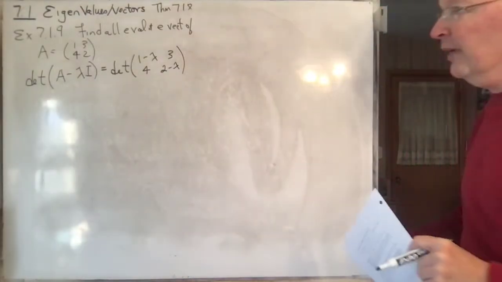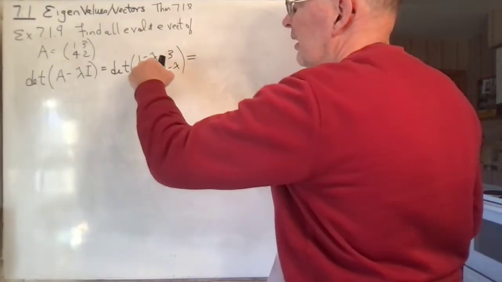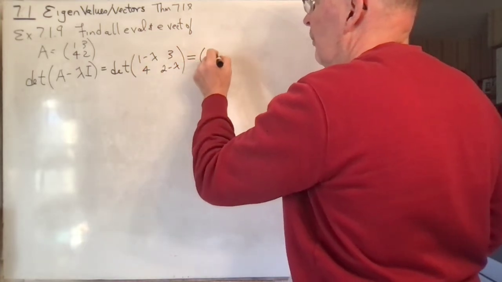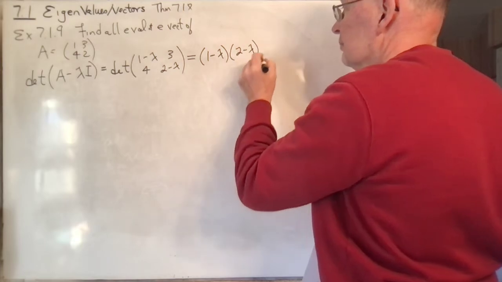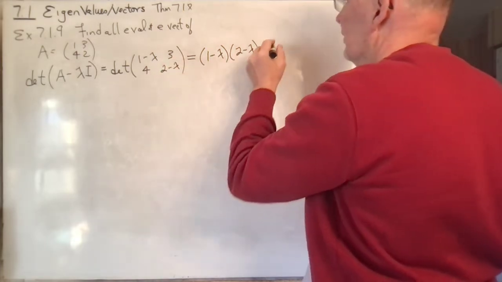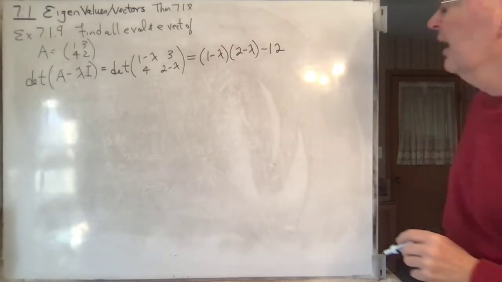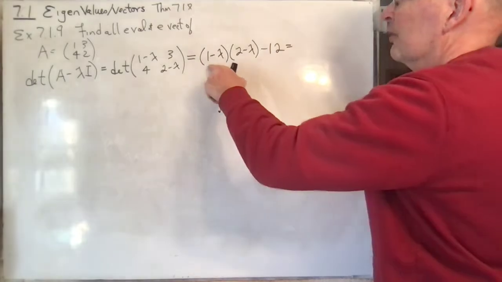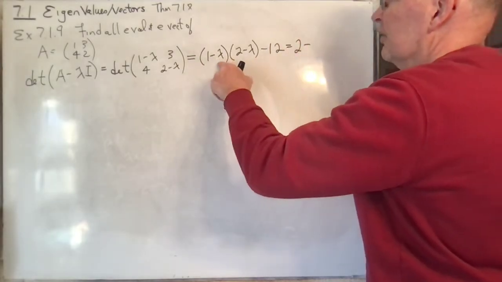Okay? So now it becomes a bunch of algebra. How do you evaluate a determinant again? You take this times this minus that times that. So that's going to be 1 minus lambda times 2 minus lambda, all minus 12. See that? And now, just because of lack of space, I'm going to crunch in as much as I can here. It's going to be 2, and here's minus 2 lambda.